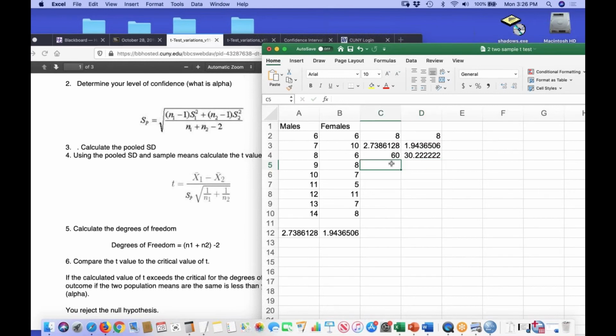Now I'm going to add the two of them together, the sum of these two. The top part of this fraction is going to be that number, and the bottom part is going to be 18 minus 2, which is 16. So I'm going to divide the top part of that fraction by 16, and then I'm going to find the square root of it.